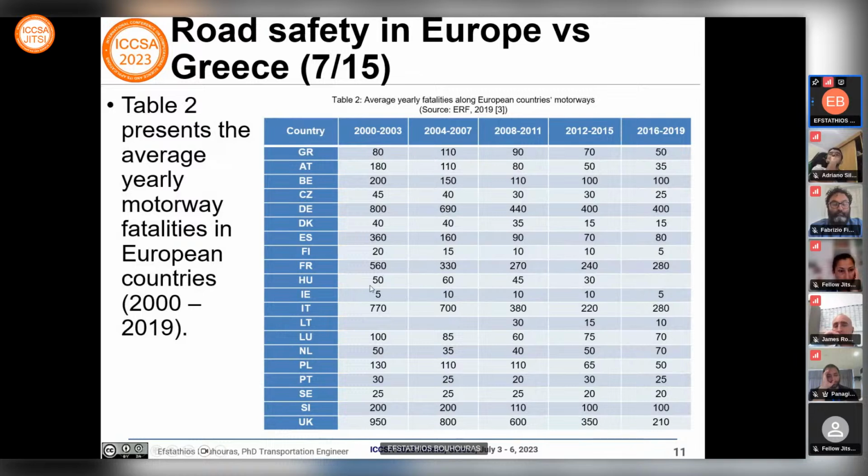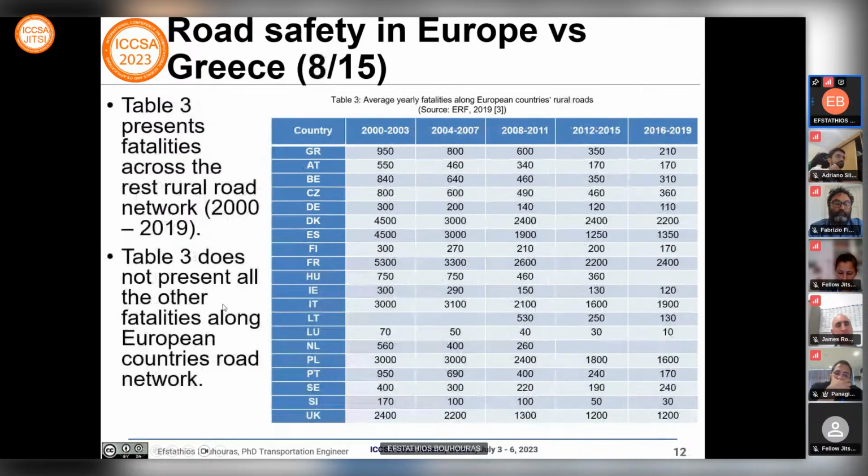Table 2 presents the average yearly fatalities along European countries for accidents that occurred on the motorways. Greece is on the first row, and you can see the figures for the rest of the European countries. I won't stay too long on these statistics.